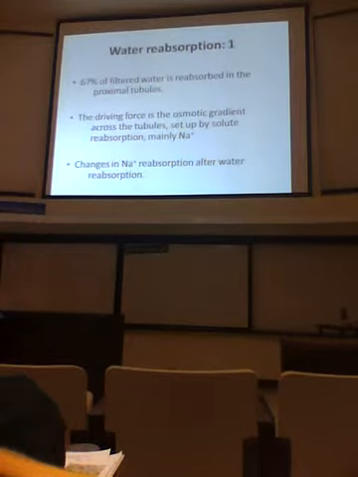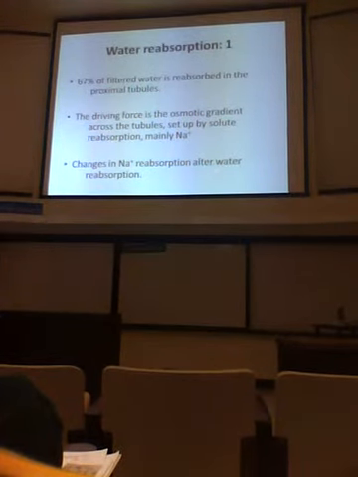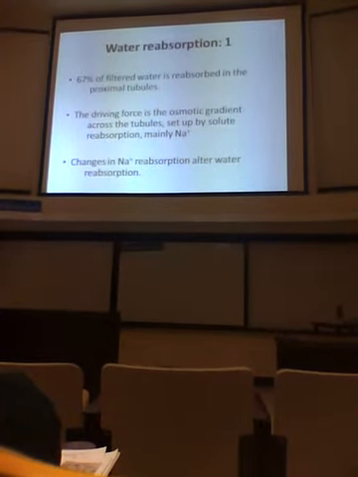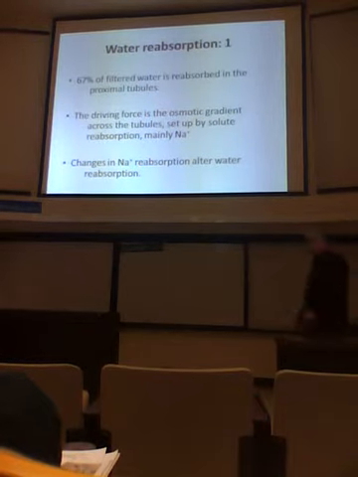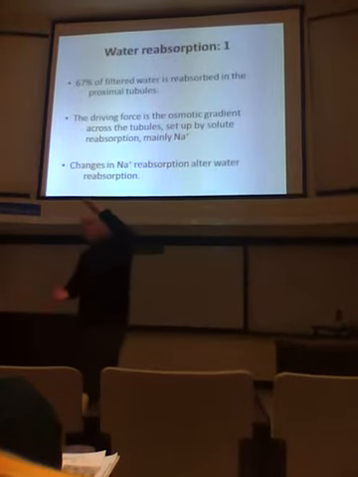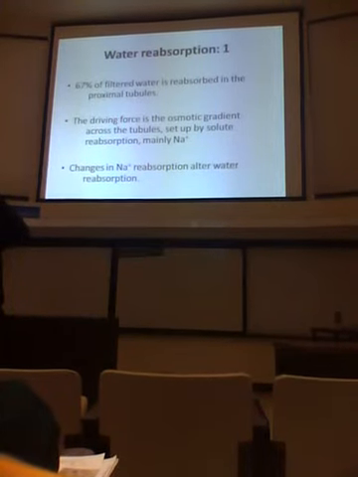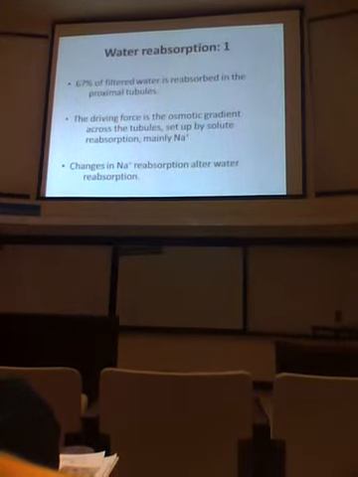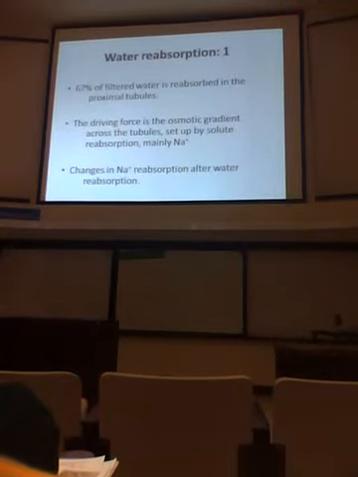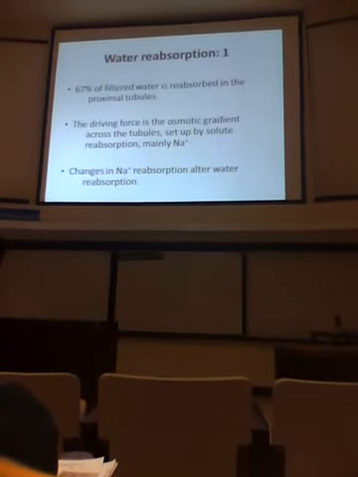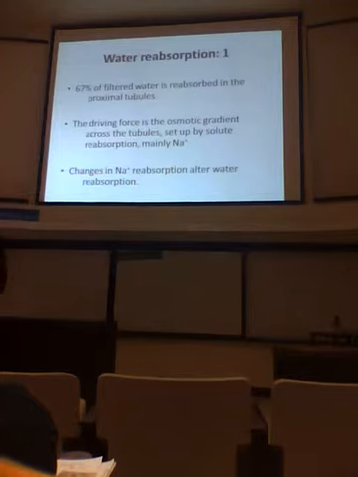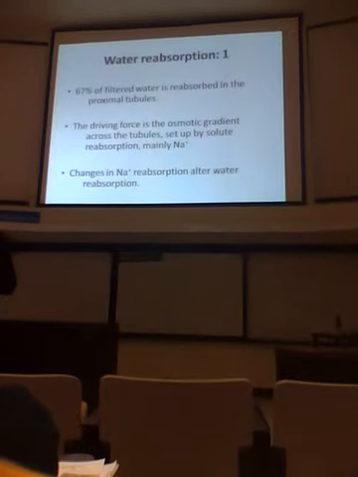And therefore changes in sodium reabsorption alter water reabsorption. So you eat a full big bag of salt and vinegar potato chips, you take in a lot of sodium, you pee it out, and you pee out a lot of water with it.